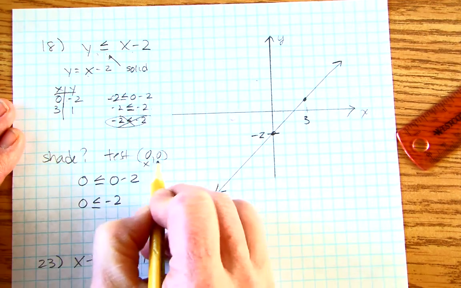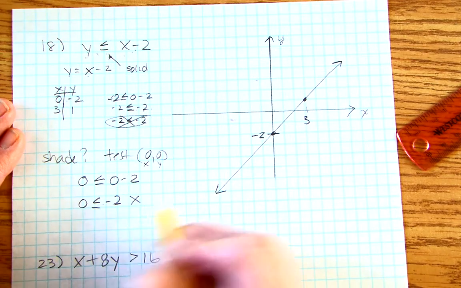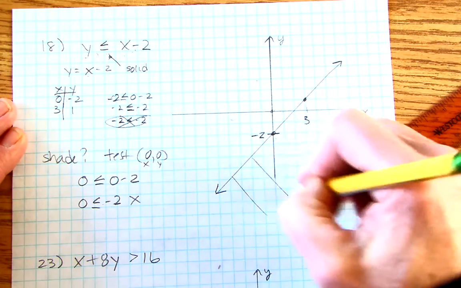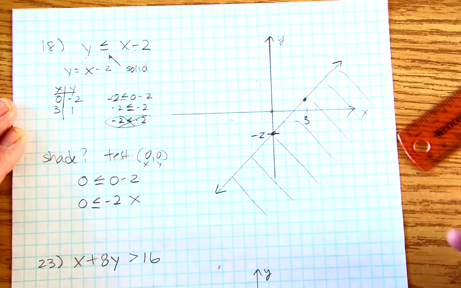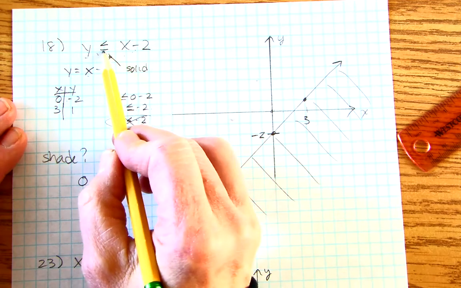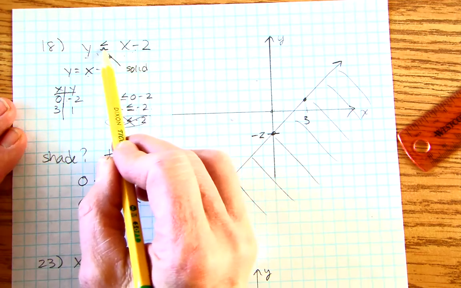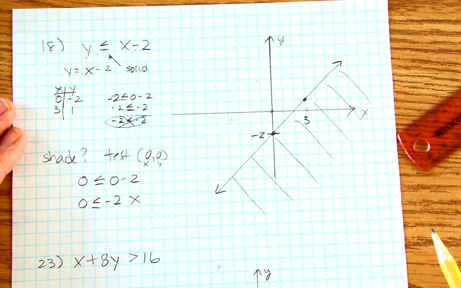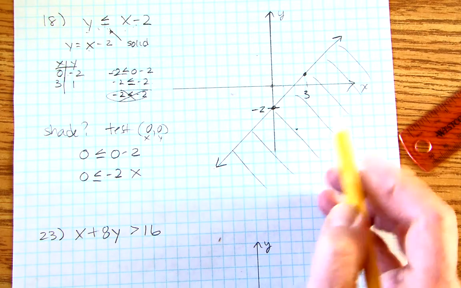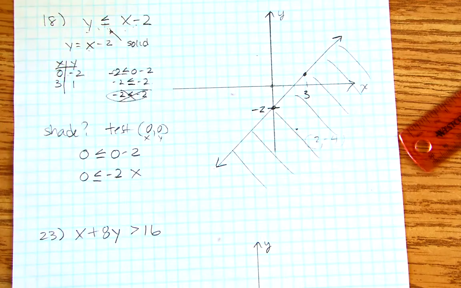We test 0 is less than or equal to 0 minus 2. Does this work? No. Should 0, 0 be part of the solution? No.